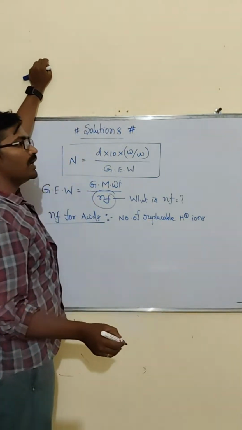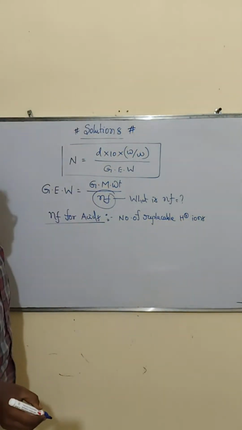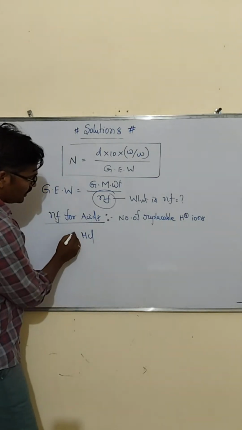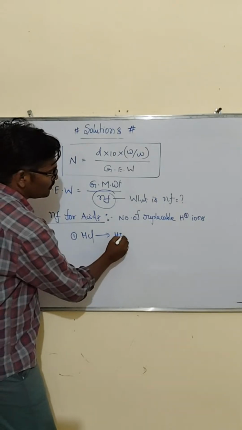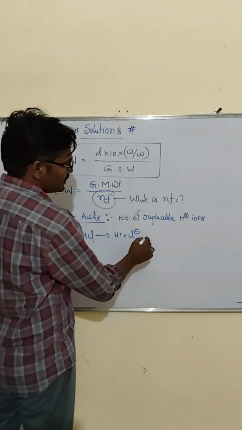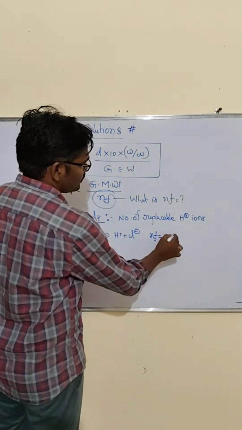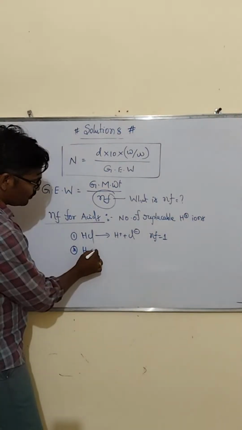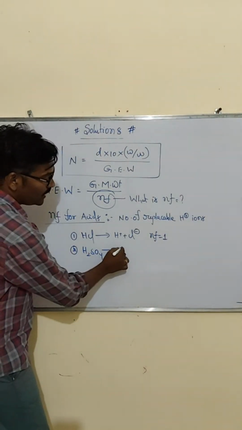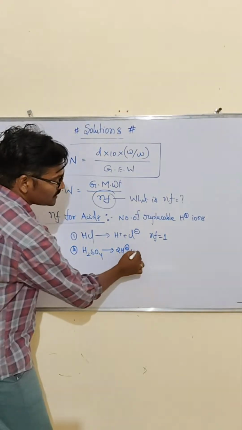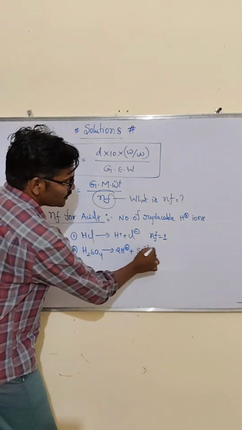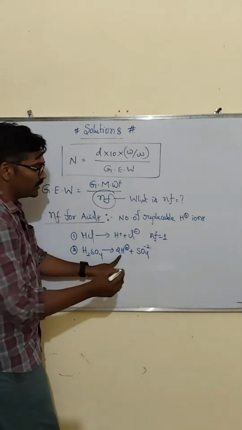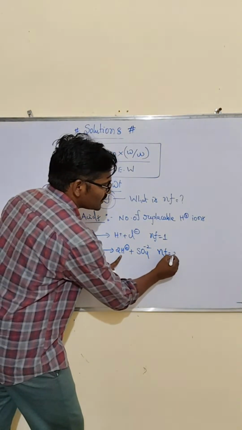For example, HCl dissociates into H plus plus Cl minus, so the n factor equals 1. Then H2SO4 dissociates into 2H plus plus SO4 minus 2. How many H plus ions are dissociated? 2. So the n factor is 2.